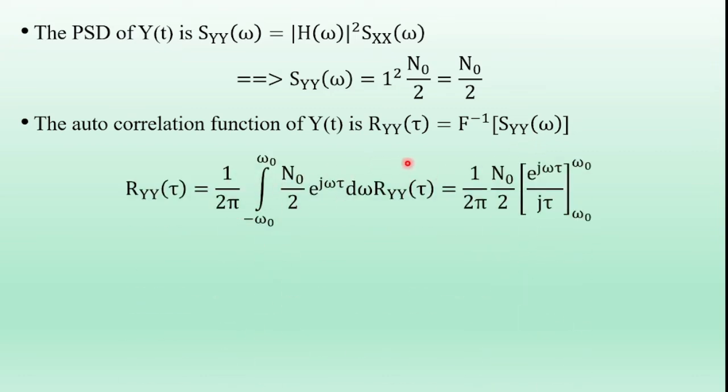So using the definition of the inverse Fourier transform, F inverse of Syy of omega is 1 by 2 pi integral, given that the range of the frequency is minus omega naught to omega naught.